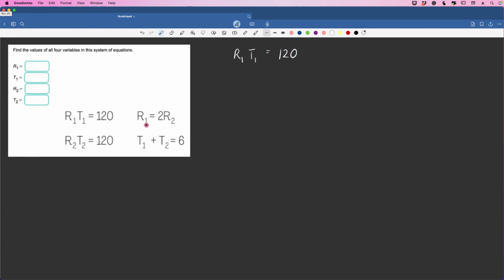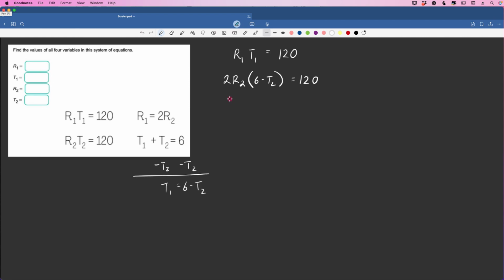So we're going to take the value of R1, which is 2 times R2. And for T1, we're going to subtract to get the value of T1. So T1 is equal to 6 minus T2. So that's what we're going to put in: 2R2 times (6 minus T2) equals 120.